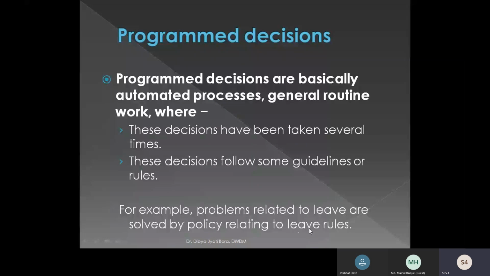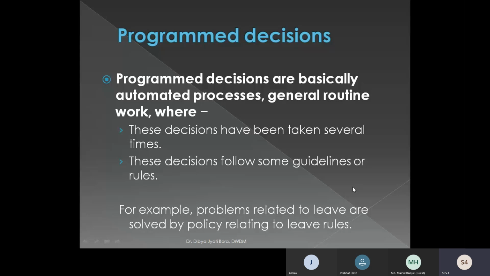Similarly, one more example I am citing here: problems related to leave are solved by policy relating to leave rules. In your university, in your office, you will see that while you apply for leave, there are some rules, right? Suppose you have already used your, say, 12 CL, then you again can't apply for that.